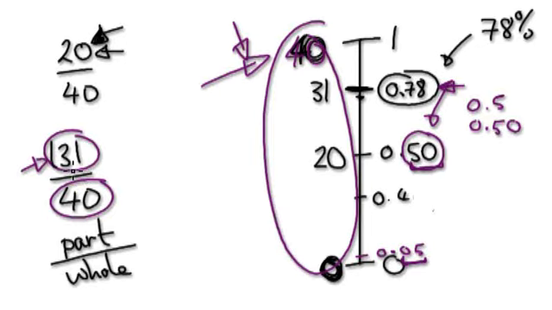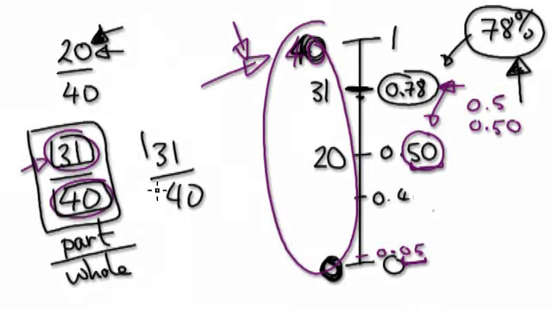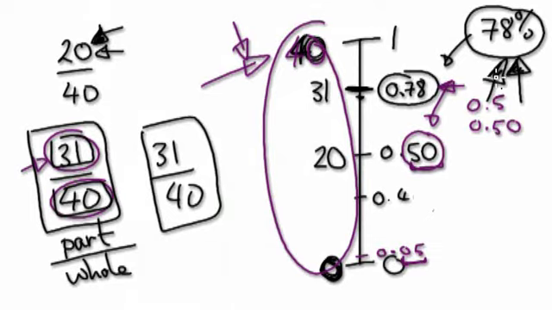If you got 31 out of 40, you can tell your parents that you've got 78% correct in the test. This percent is a lot more useful than telling your parents, oh, I got 31 out of 40. Yes, it's still useful, but it's not as good as telling them you've got 78%.